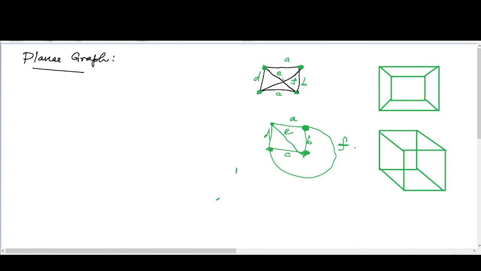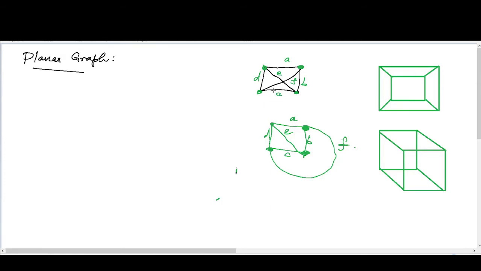Now, let us consider this example. Here, we have the edges A, B, C, D, E, F. You can see that the edges E and F cross over each other.